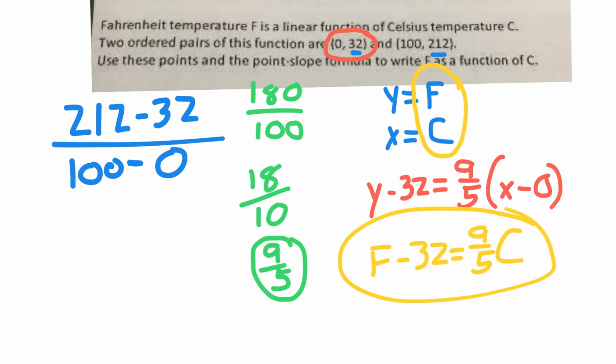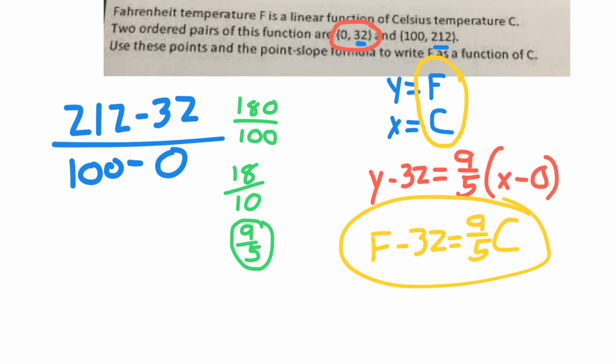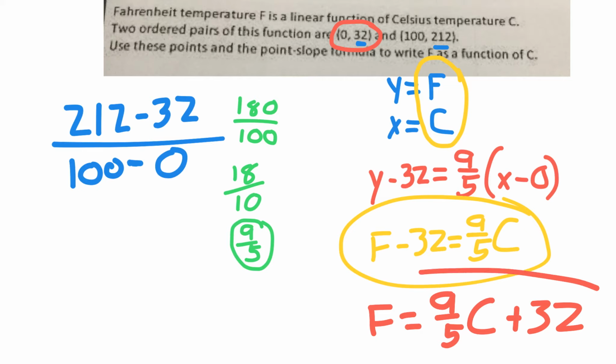Then I'm going to go ahead and put this into slope-intercept form because it's really easy to. F equals 9/5 c plus 32. Now I have the function f isolated. And I think I needed to do that because it tells me to write f as a function of c. So that normally means we want f isolated.